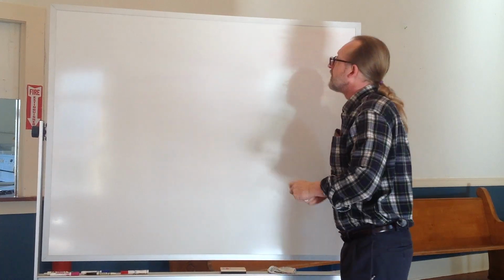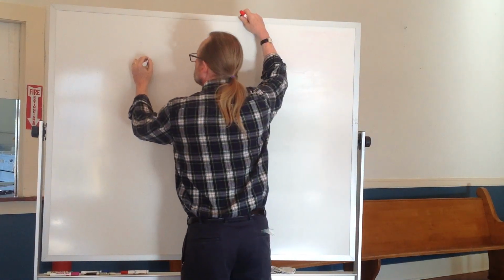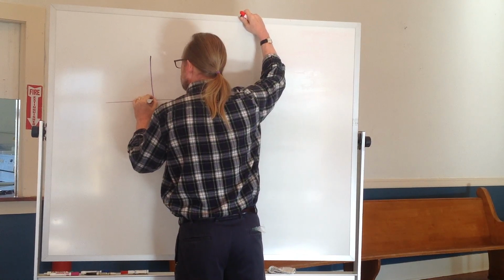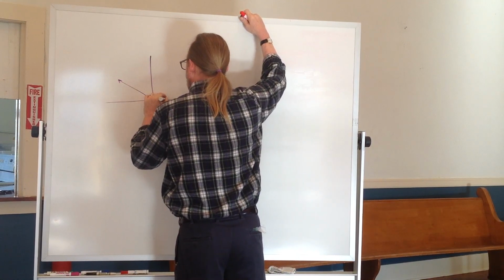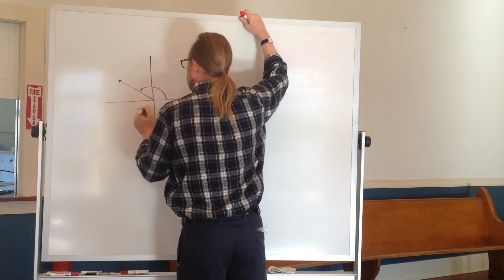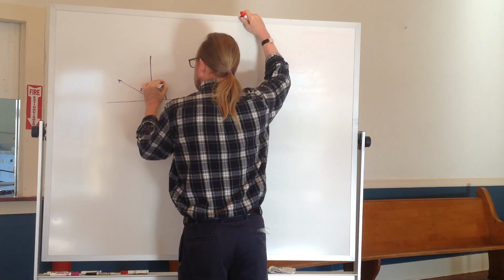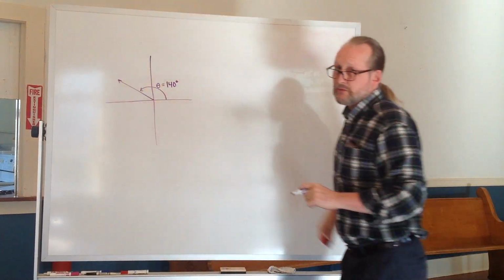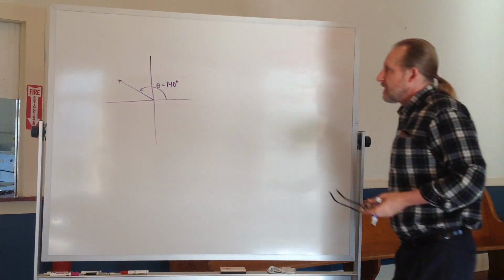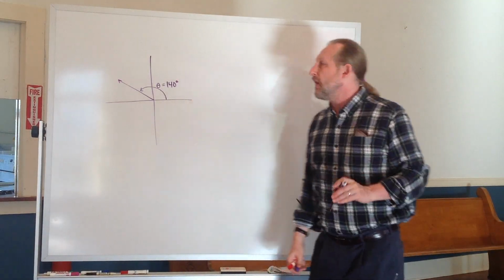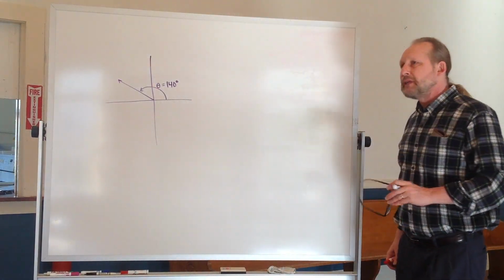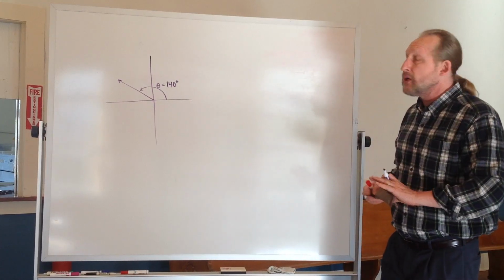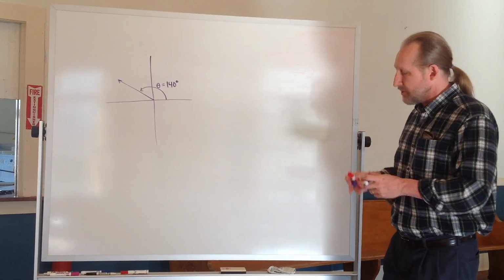Let's go over here. 140 degrees. Clearly this angle can't be in a right triangle, so it would be difficult to generate values for the sine and cosine of this angle based on a right triangle.